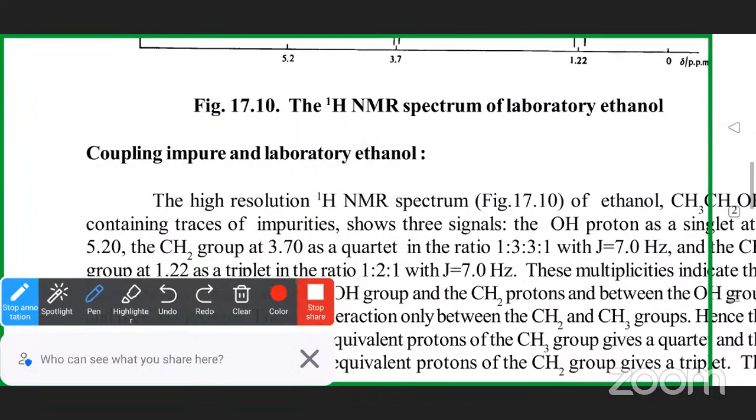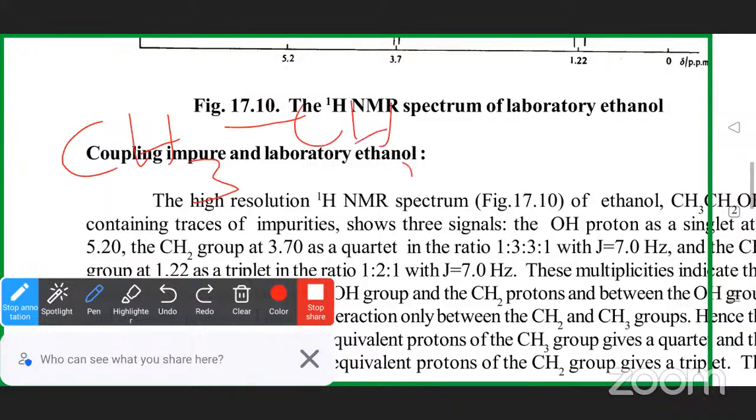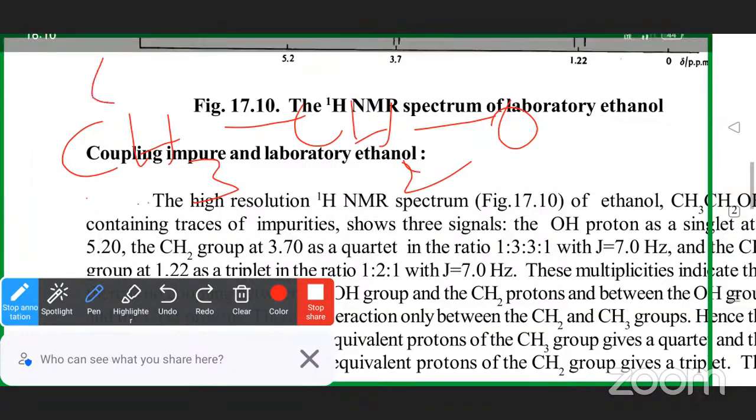Okay, sir. I will show you again. See, CH3, CH2 and O. Because there is no proton, this proton will be exchanged with the impurity, so there is no attachment of the proton. So it gives only two signals. For this CH3 proton, there are two neighboring non-equivalent protons, so you get 2 plus 1, a triplet.